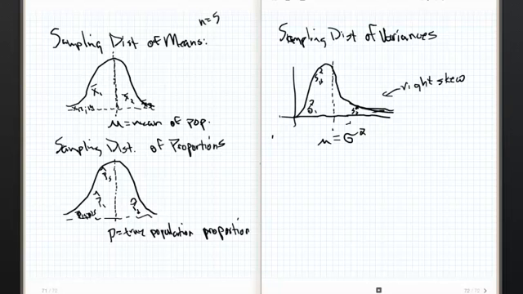Remember, it's still a distribution. The mean value of this distribution of variances is equal to the parameter, the variance, which implies that we can get to the standard deviation. If I have the parameter variance, then I have the parameter standard deviation.